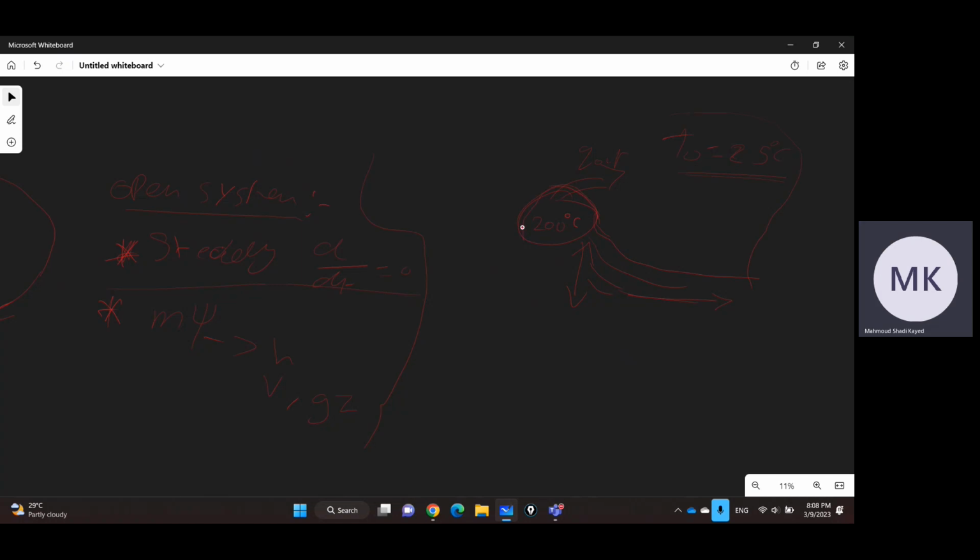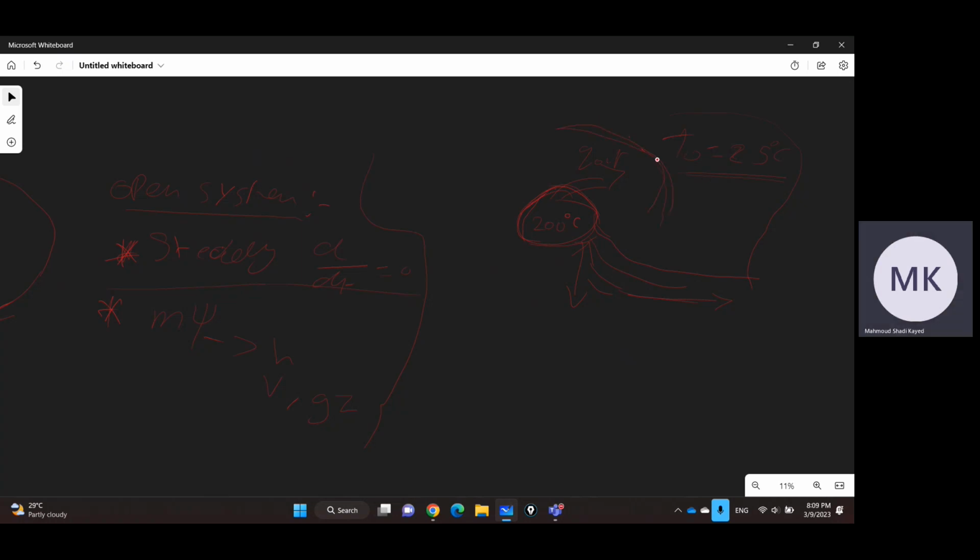So if we want to calculate the exergy transfer by heat, it will be a variable temperature, and in some cases we can't integrate due to lack of information. So we simply expand our system.